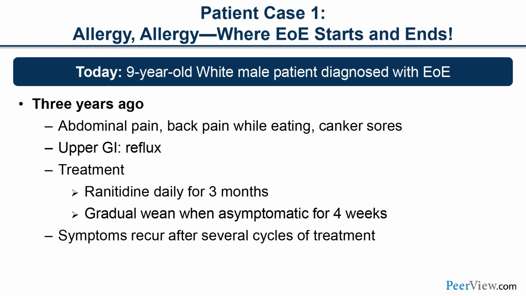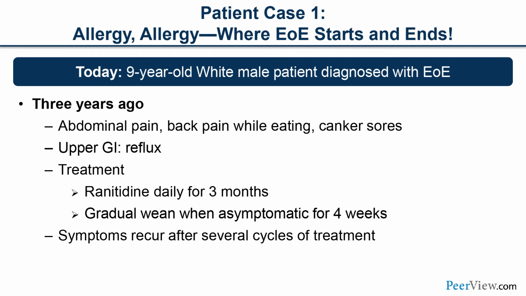All right, thanks, Catherine, and thanks, Dylan. I've learned a lot from both of you. So this is a case that I'm presenting almost in flashback. So here's a child who today is 9 years old. He's a white male who's been diagnosed with EoE.